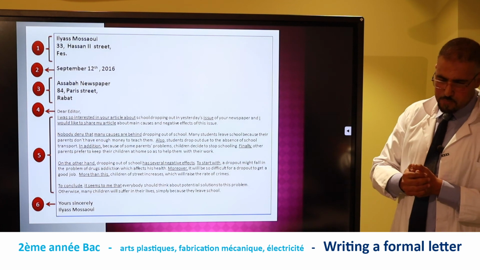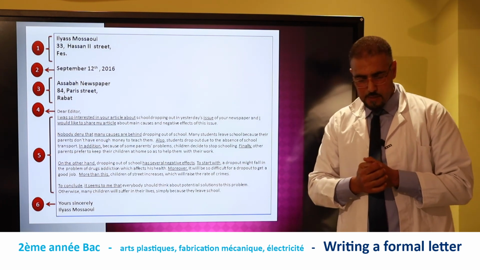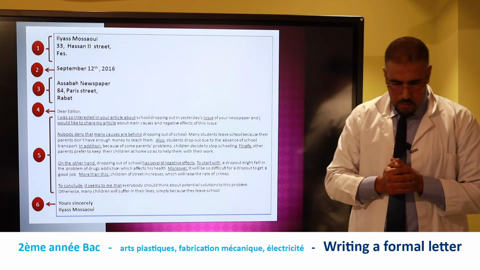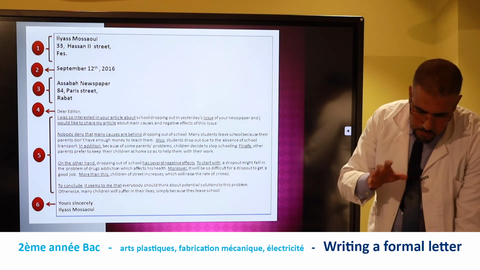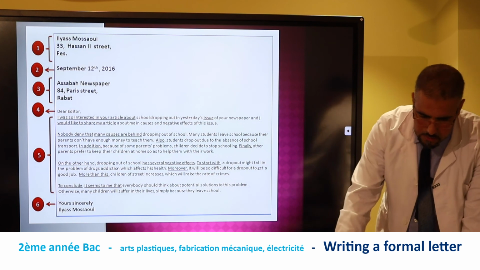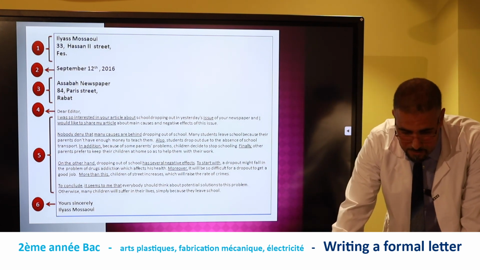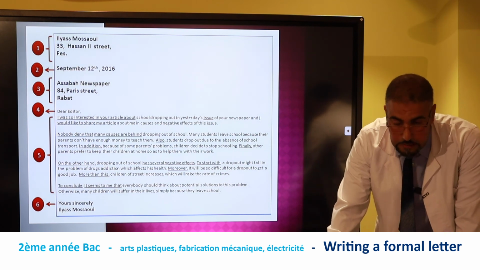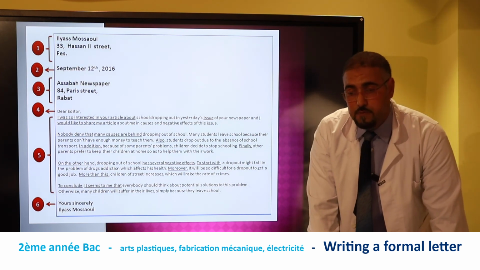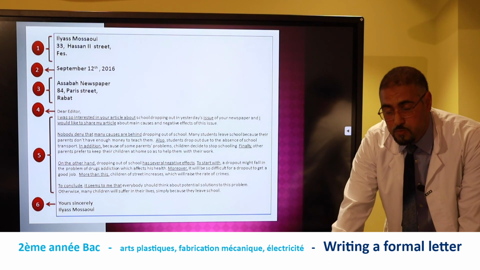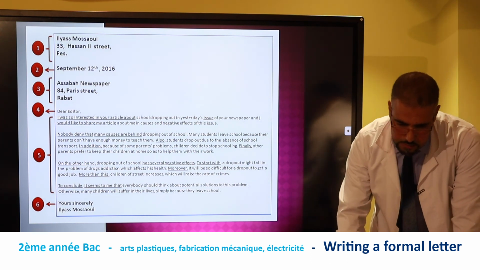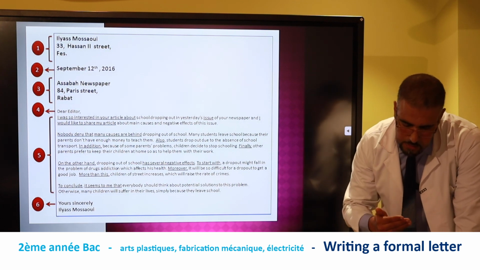So here we have September the 12th, 2016. Then the inside address: we choose to talk about Sabah newspaper, and you write the address in Rabat. Their editor. Look, here we don't have Mr. or the name, because maybe we don't know it, so we write "The Editor".